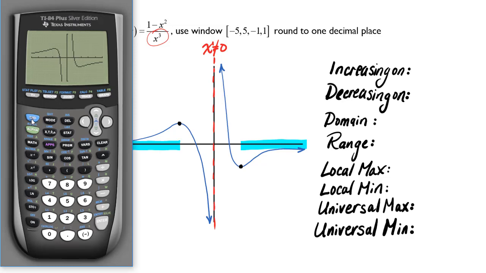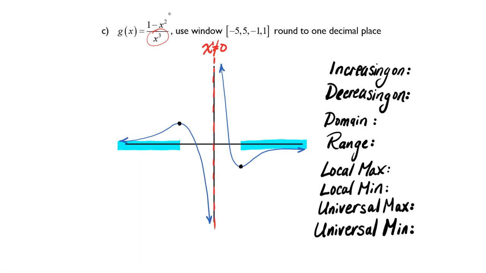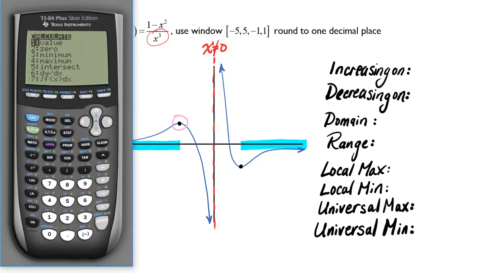We want to push second, calc, arrow down to maximum because we are finding this point first on the left. Find the left bound. And you may have to watch your x and y values to figure out where your little cursor is.